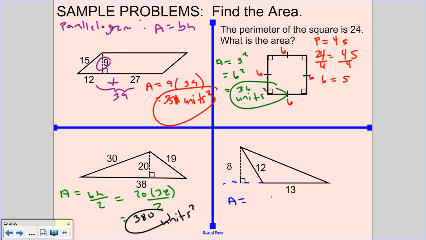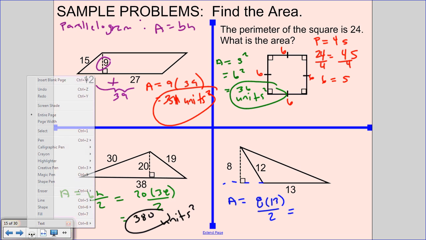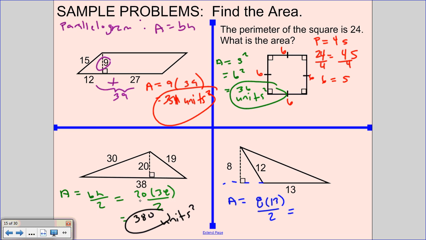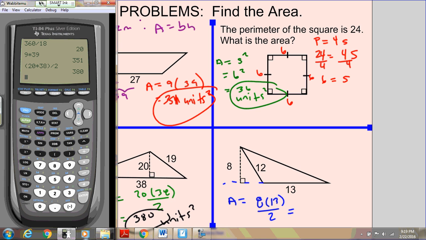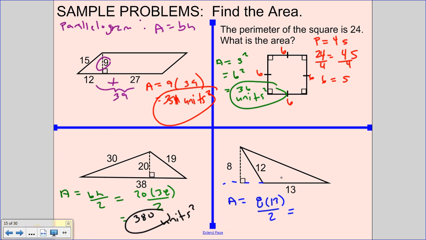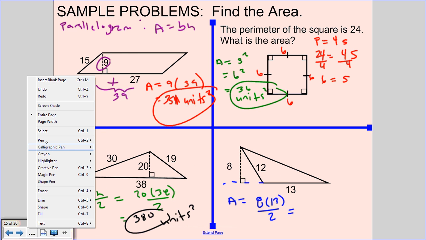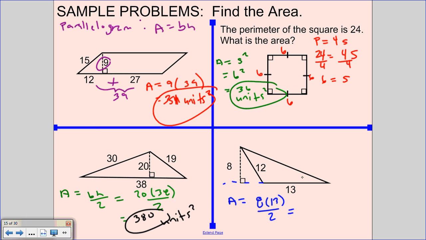So again, I'm going to take height times base divided by 2. $52. Units squared.